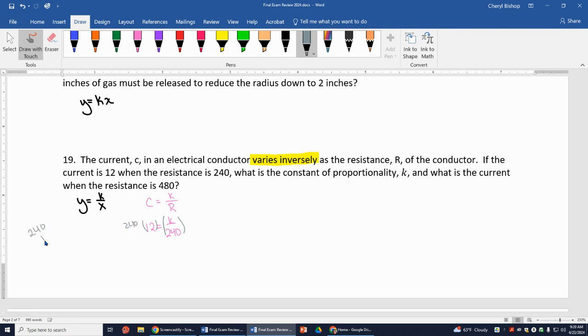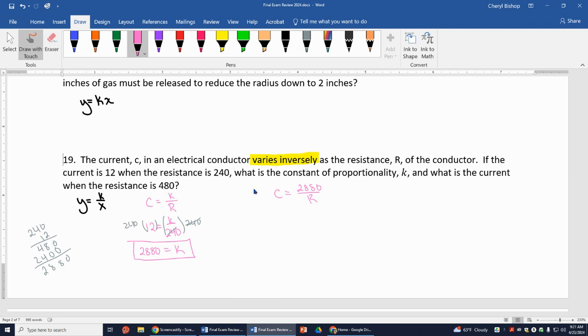So 240 times 12 is 2880 as my value for K. Because when I multiplied by 240 on both sides, this side canceled, I just have K. So what is the constant of proportionality? It is 2880. So now when I write my equation, y equals 2880 over R.